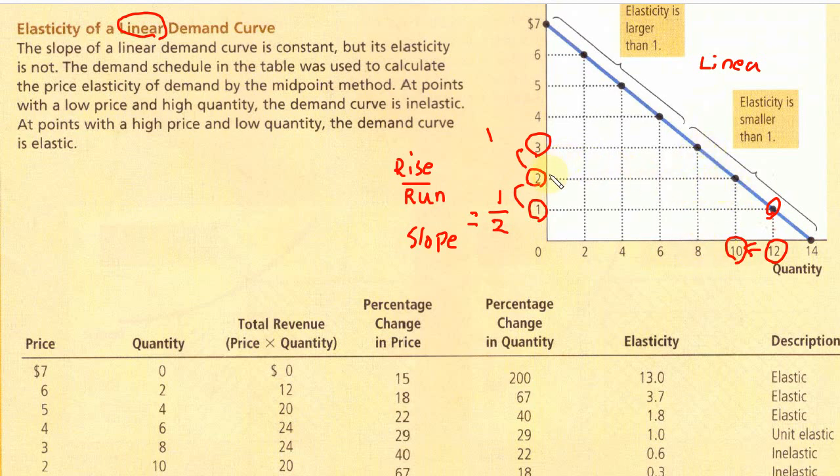Once $2, the quantity is 10, but once $3, the quantity is 8. Then we have another 2 run, right? This is called run, and this is called rise.